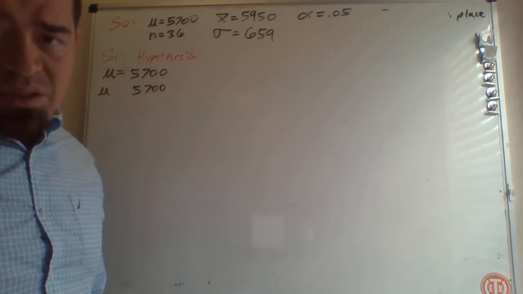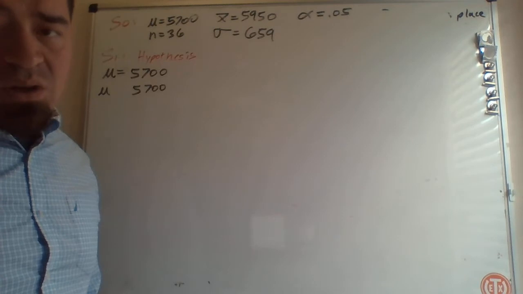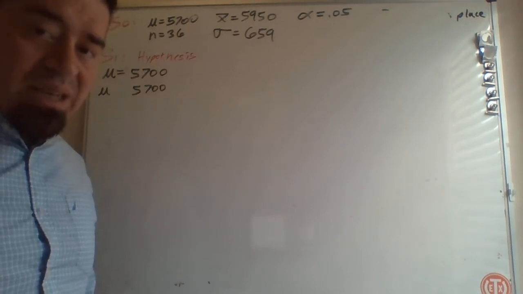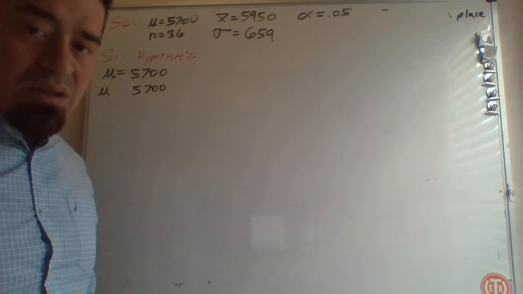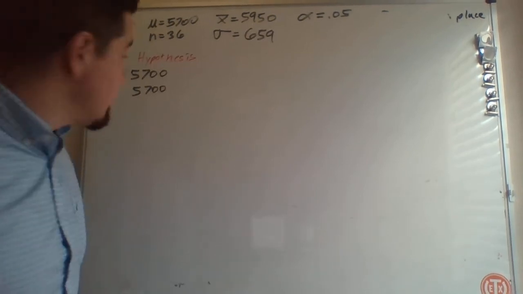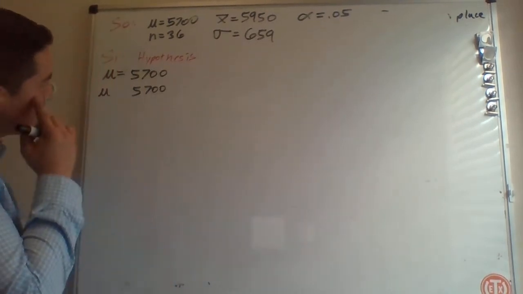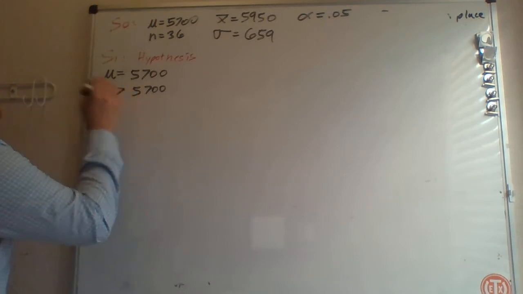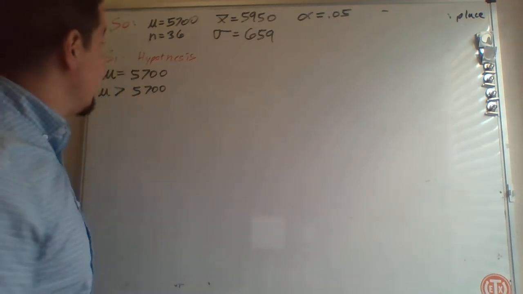So is there evidence to support the claim? If you go back to the very first statement, it says a researcher wishes to test the claim that the average cost of tuition and fees at a 4-year public college is greater than 5,700. Okay, so I think it's going to be greater than, right? Why? Because it says so.